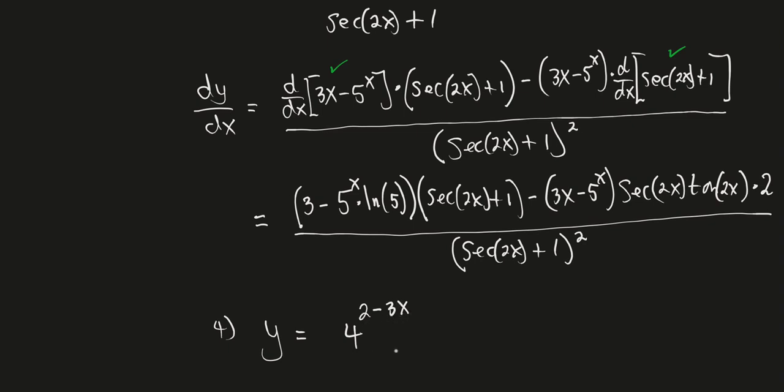Now, we could certainly just utilize the chain rule and say, okay, here is my inner function, call that my u. But what I'm going to show you is that this, using properties of exponents, could be rewritten so that it looks kind of like this form, like a constant times a to the power x, right?